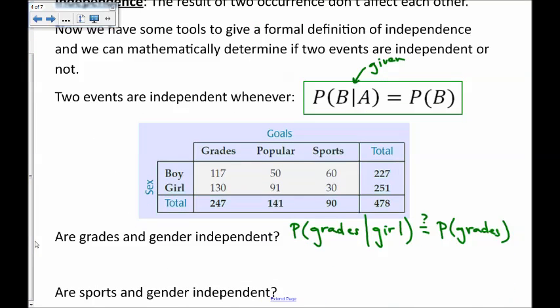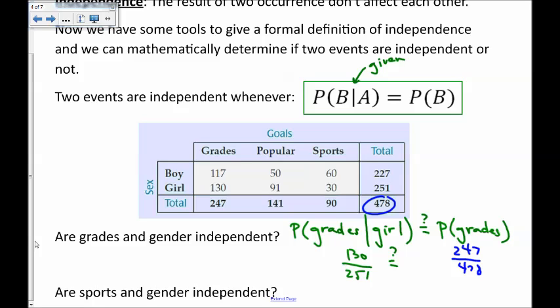Grades and girl is 130 divided by girl, which is 251. Is that roughly equal to just grades, which is 247 divided by the total 478? Be a little bit forgiving with this data because we're dealing with real numbers. If they're really close, that'll be good enough for us.